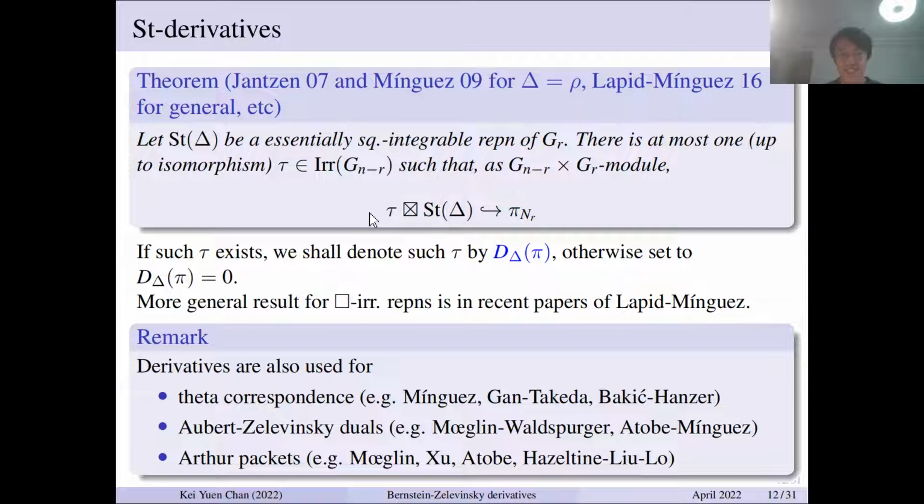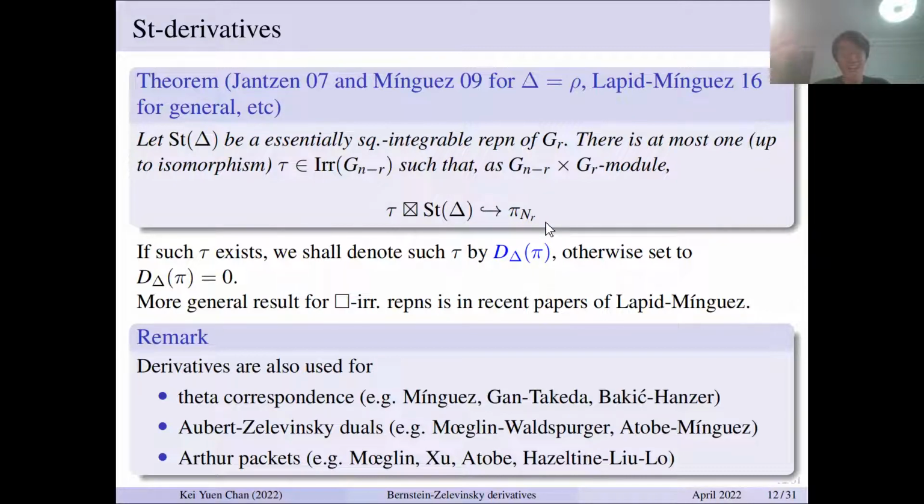Then there is at most one, up to isomorphism, tau, an irreducible representation of G_{n-r}, such that as a G_{n-r} times G_r module, tau tensor delta can be embedded into pi_{N_r}.